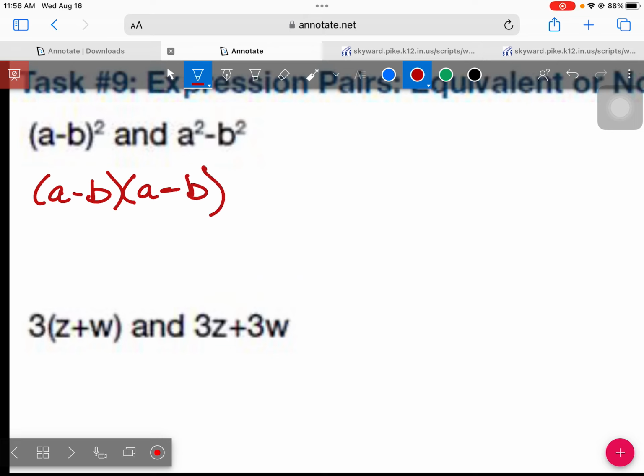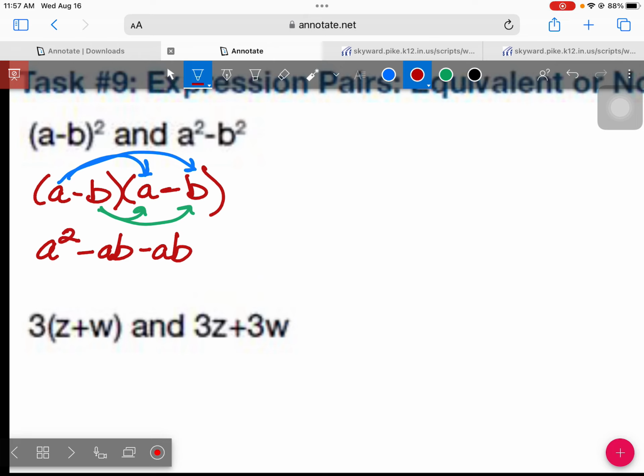Now, if you double distribute, you're going to look something like this. For the first one, you get a times a is a squared. A times negative b is negative ab. Underneath, negative b times a is another negative ab.